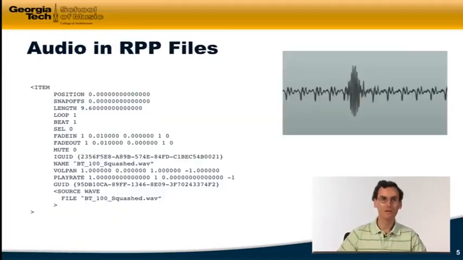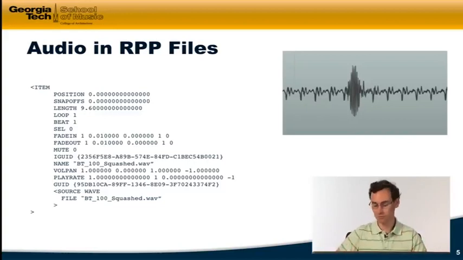I want to emphasize the difference between audio and MIDI in terms of the way that it represents music. To do that, I want to go back again. We looked before at these RPP files, the actual files that Reaper is saving on disk. We talked about these when we were talking about non-destructive editing and how they weren't actually storing any amplitude values or any audio data inside of these files.